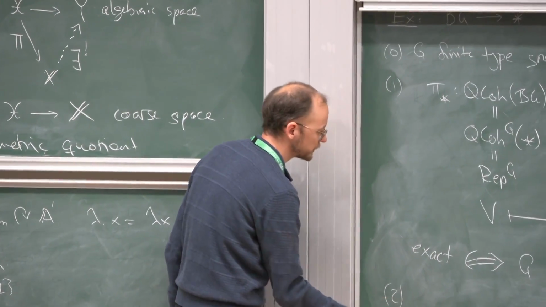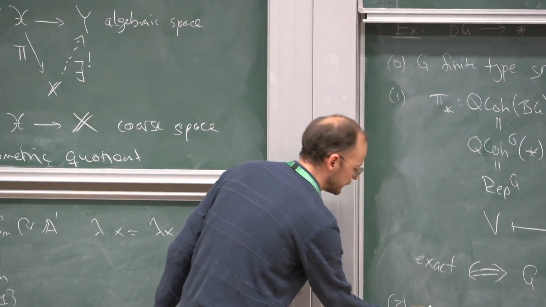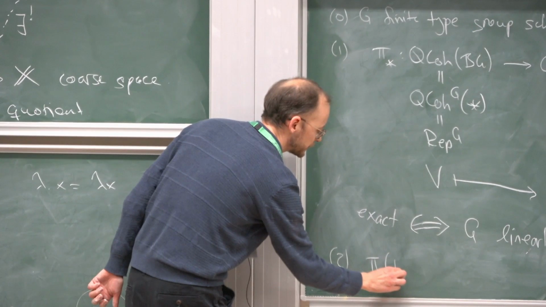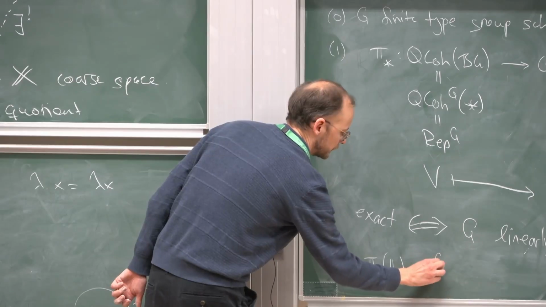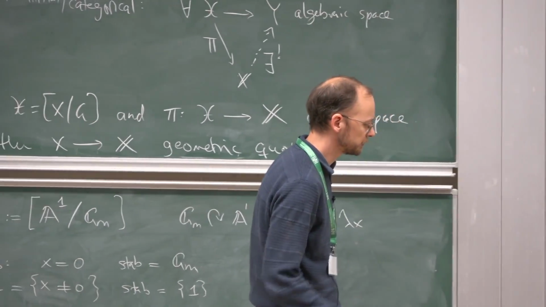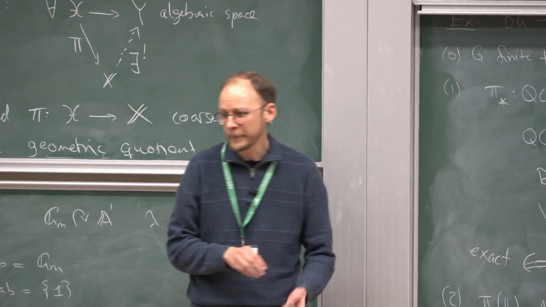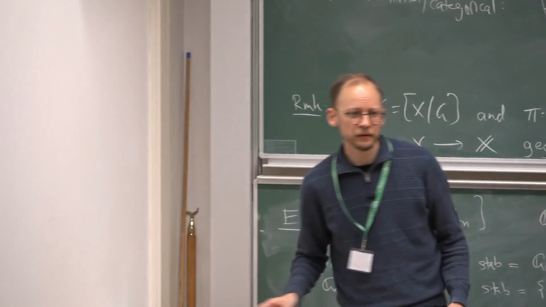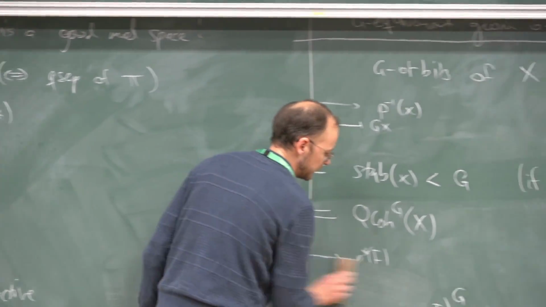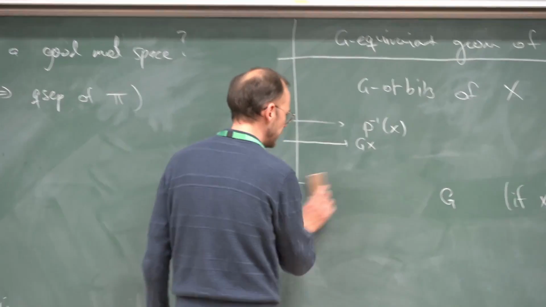Condition 2 just takes the push forward of the trivial representation, so it's no condition. So BG has a good moduli space exactly when G is reductive, or linearly reductive.